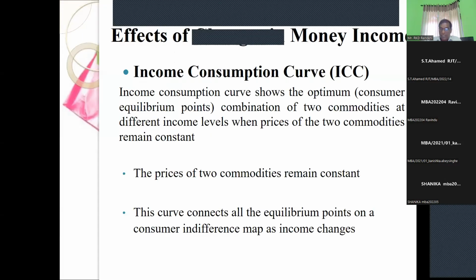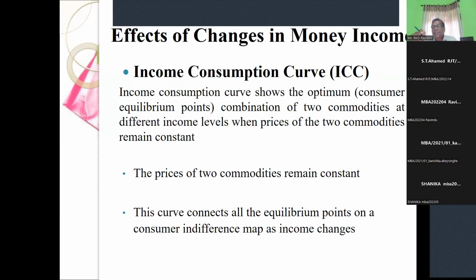Right. Finally, we discussed the indifference curve analysis. We can discuss the consumer equilibrium, where the budget line and the indifference curve touch each other. That is the point, the equilibrium. That consumer equilibrium may change for two reasons.